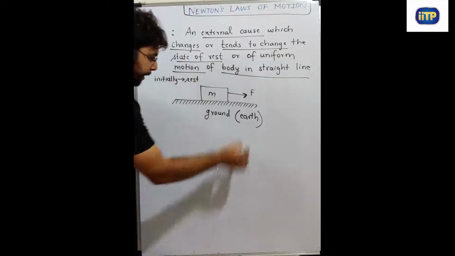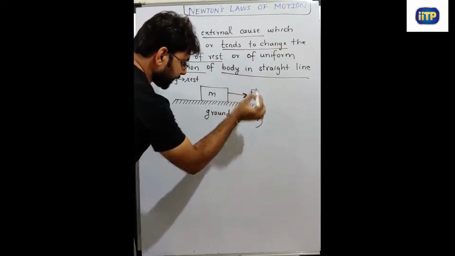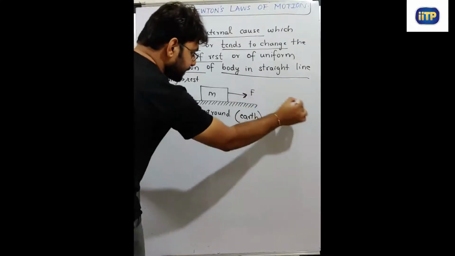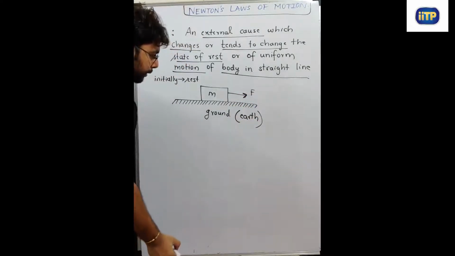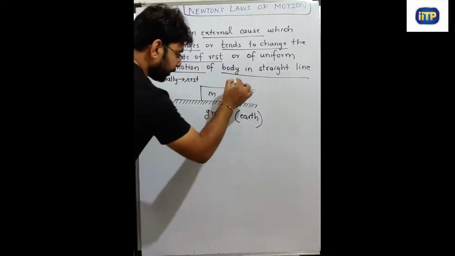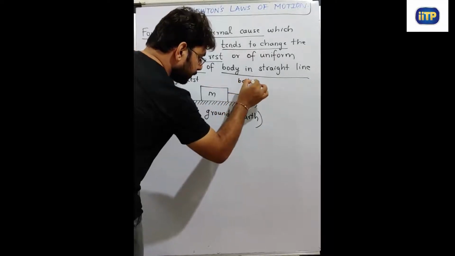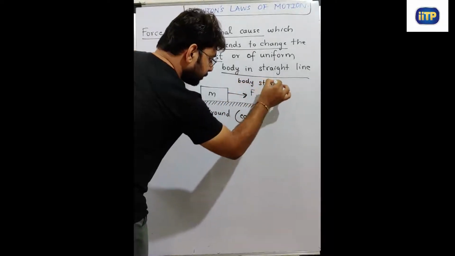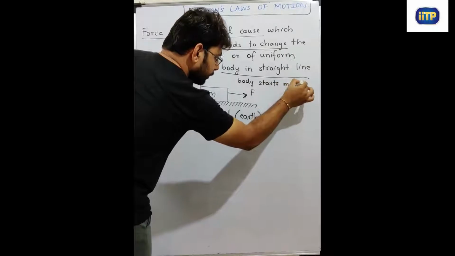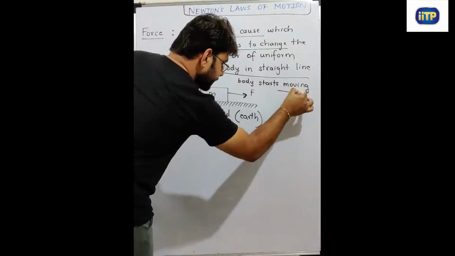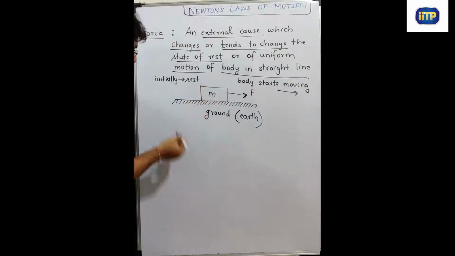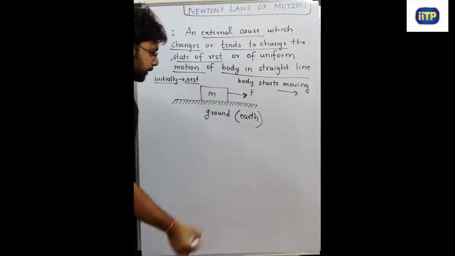Now what is happening? We are applying an external force F in the right hand side direction in such a way that the body starts moving, in the right hand side direction. Initially it was at rest.